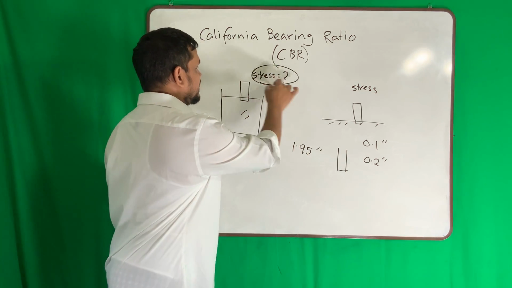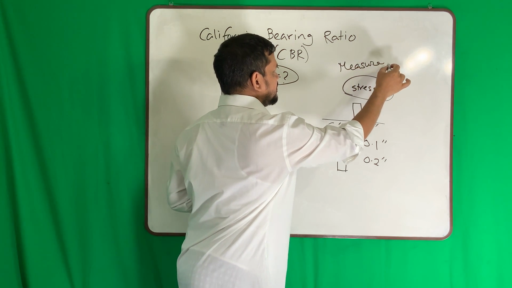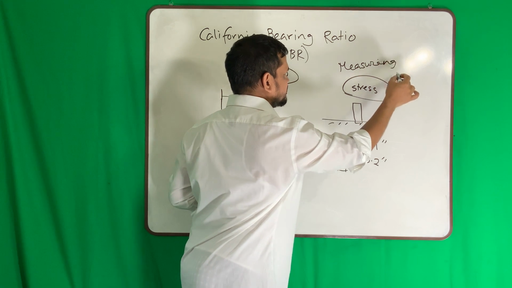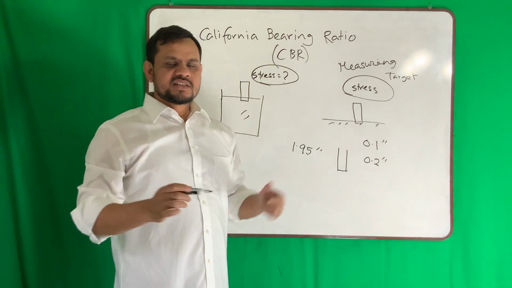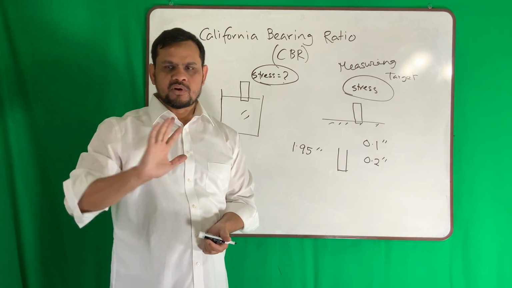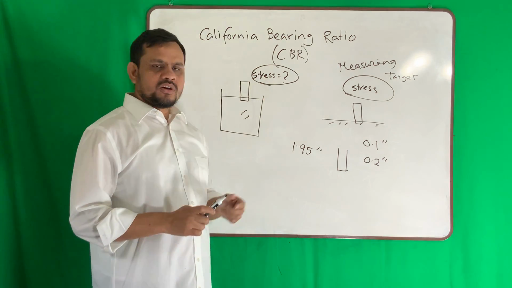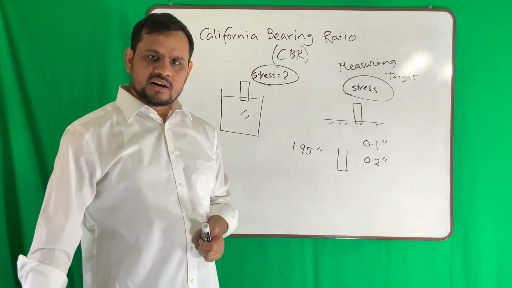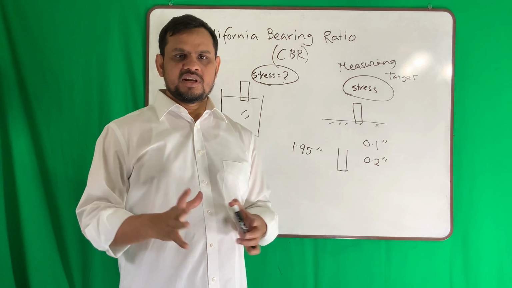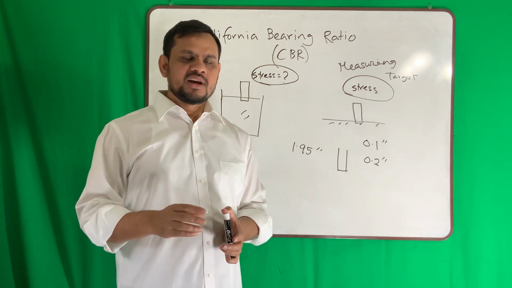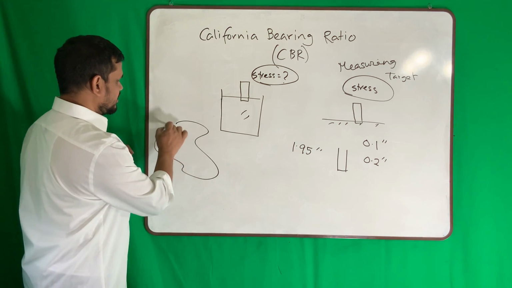This is my measuring target. We measure the stress required to penetrate 0.1 inch or 0.2 inch. Then we compare this stress with a standard, like how much stress I need to penetrate a standard stone, a well-graded stone.